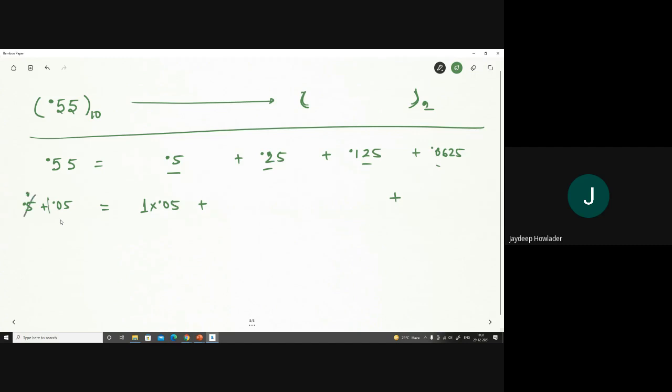The remaining part is 0.05, and if I take 1 into 0.25, then the accumulation will be greater than the left hand side.